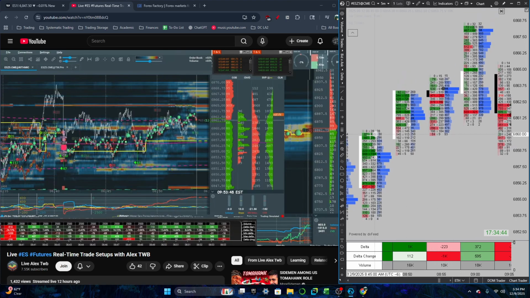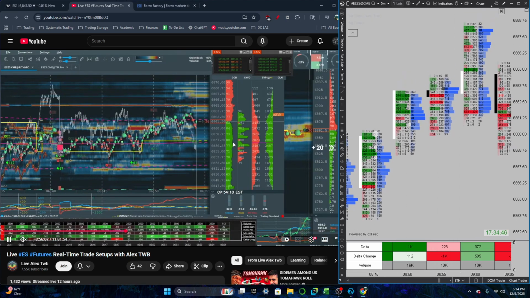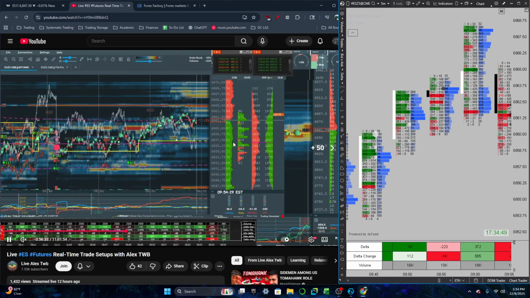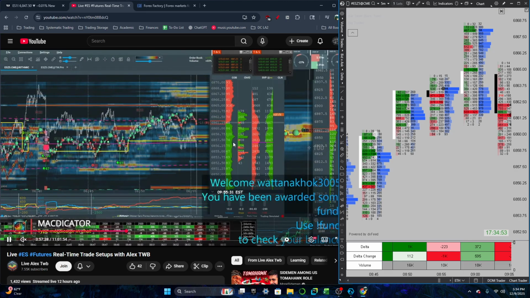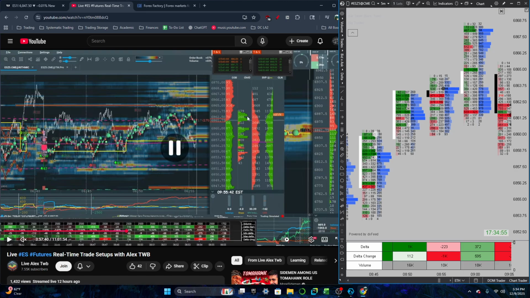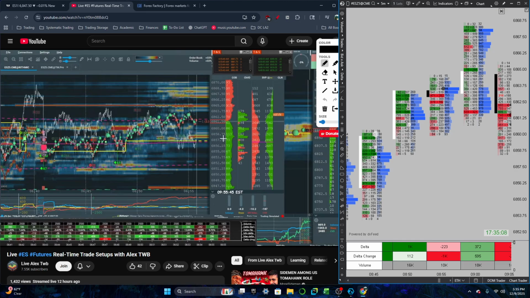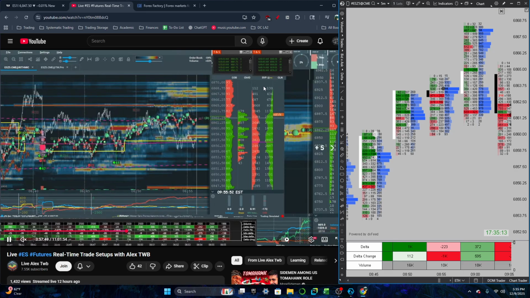It's not the greatest once again, but okay, now we have a barrier down here, around 6858, right? We're having a barrier there. We're having pretty good sized supporting mini barriers as well at 6860. And yeah, you can see that right there.